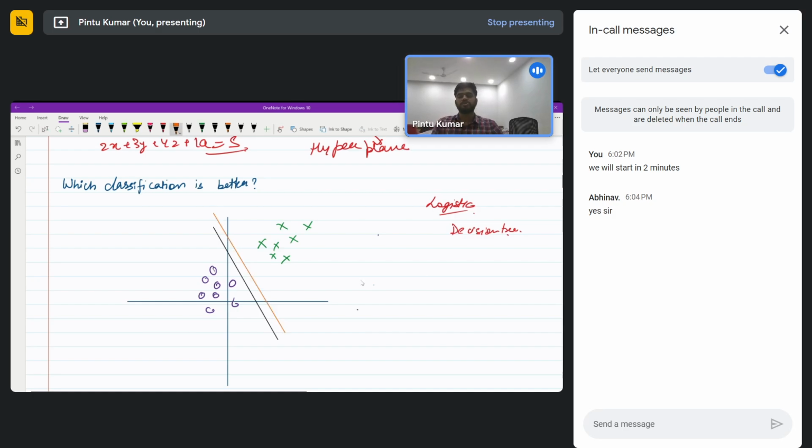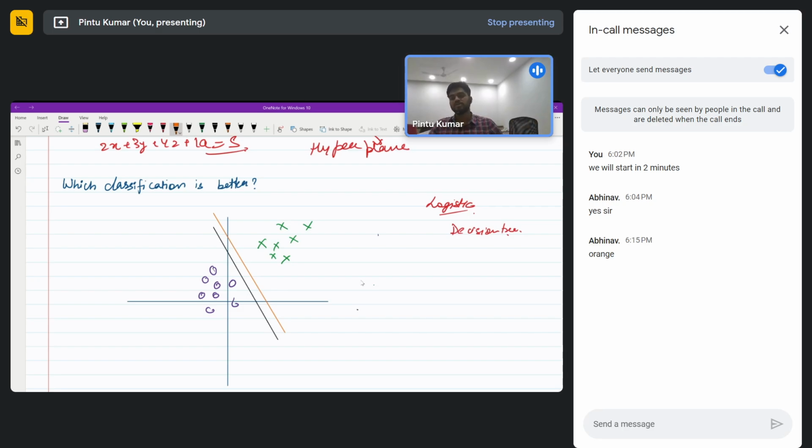So which of these two lines do you think is a better classifier for this data set I have drawn? These are two classes of data, one is green and one is purple. So which line among the black one and the orange one do you think is a better classifier?